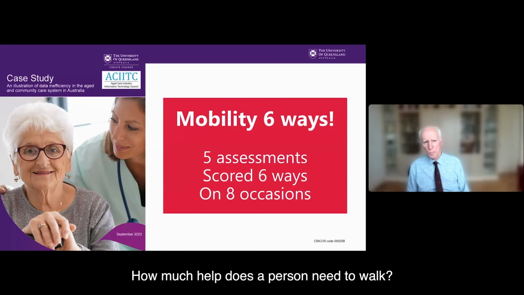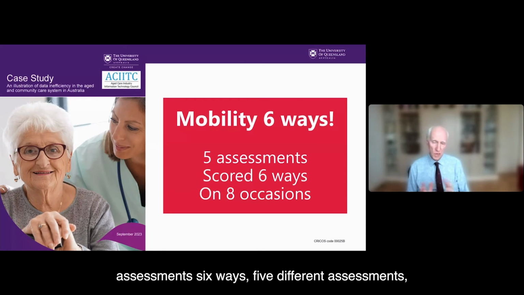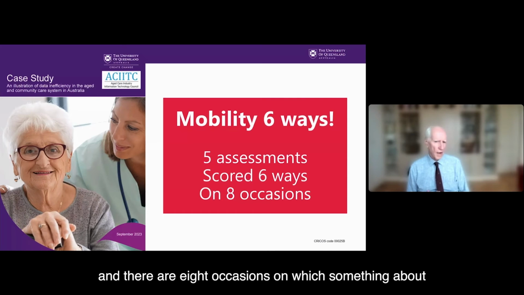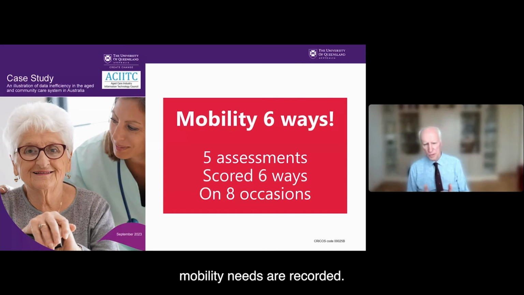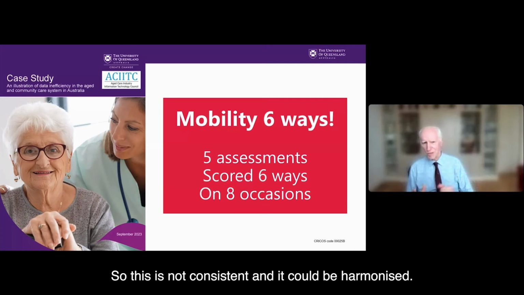How much help does a person need to walk? It's described in that sequence of assessments 6 ways, across 5 different assessments, and there are 8 occasions on which something about mobility needs is recorded. So this is not consistent and it could be harmonised.